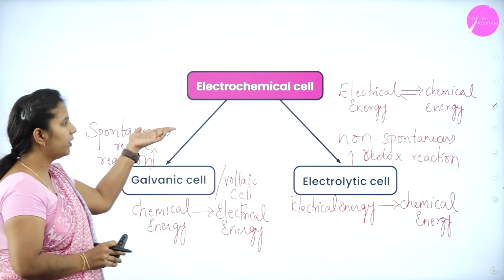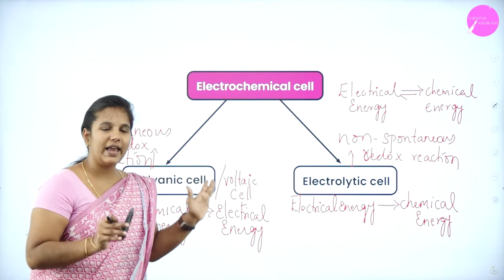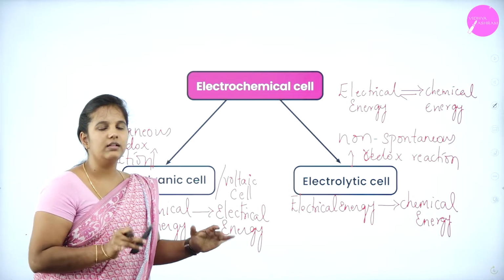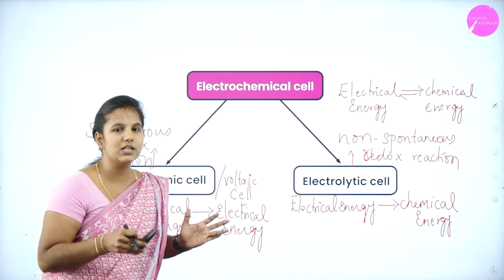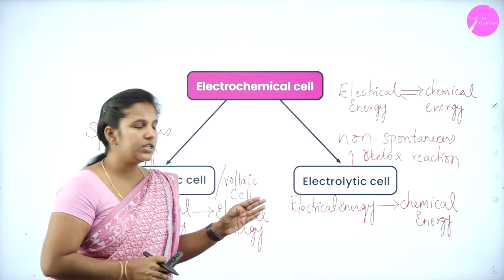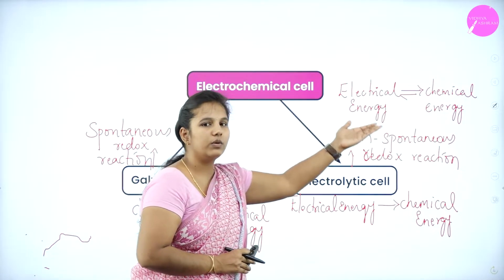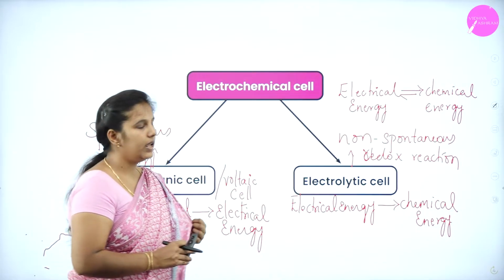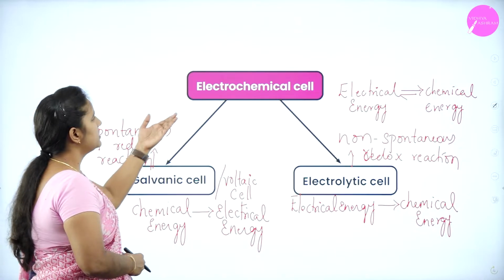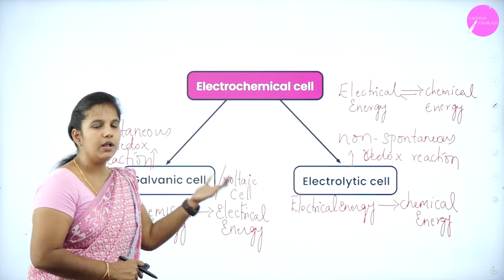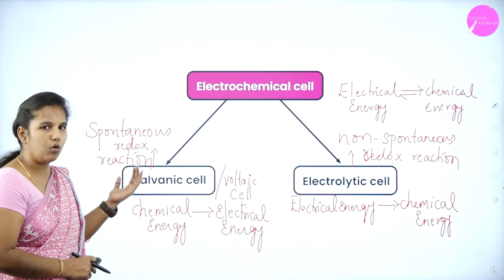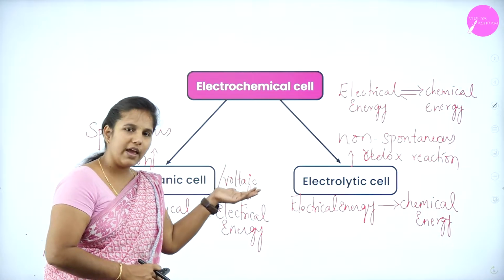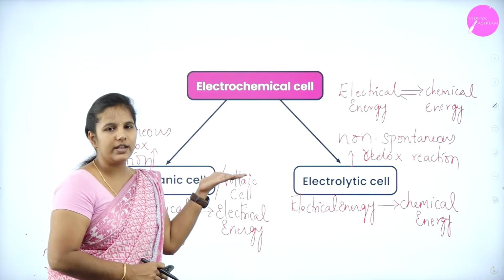So what is the electrochemical cell? Remember, in electrochemistry, it is nothing but a cell or a device which converts electrical energy into chemical energy or chemical energy into electrical energy. And we have classified these electrochemical cells into two types. The first one is a galvanic cell or voltaic cell, and the second one is an electrolytic cell. We have already understood about the electrolytic cell, right?